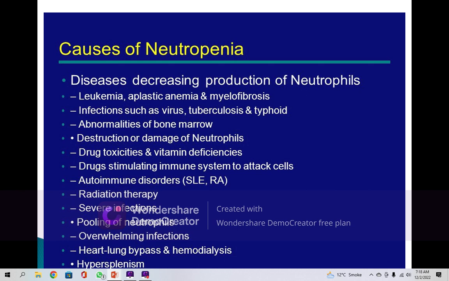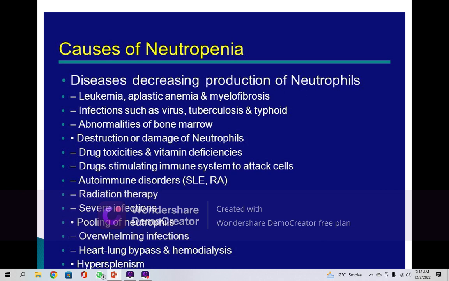Now, drugs stimulating the immune system to attack cells, and immunosuppressant agents which you are giving, suppress the count. Autoimmune disorders themselves cause autoantibodies, like SLE, rheumatoid arthritis, Sjogren syndrome, and systemic sclerosis, etc.